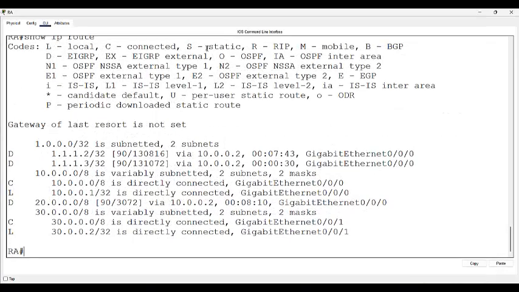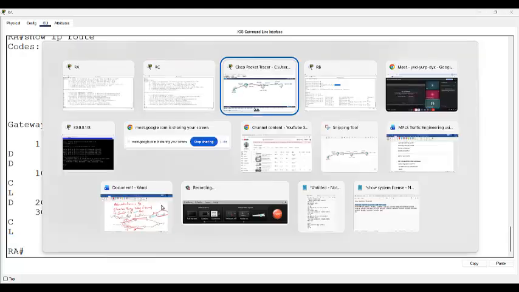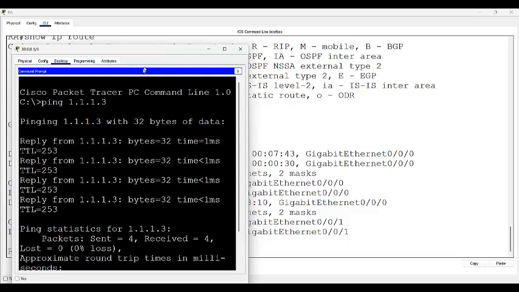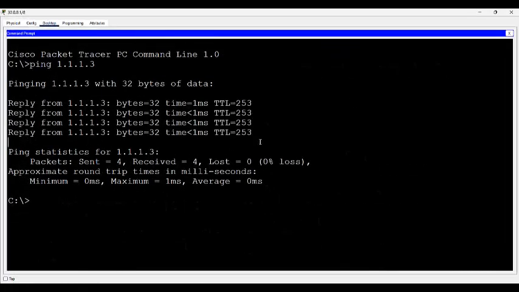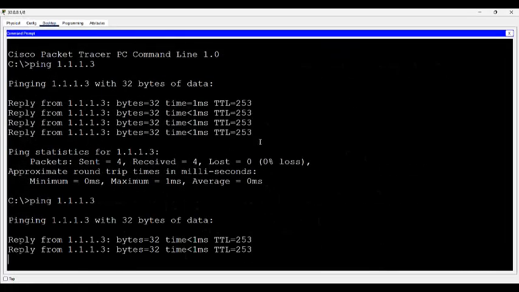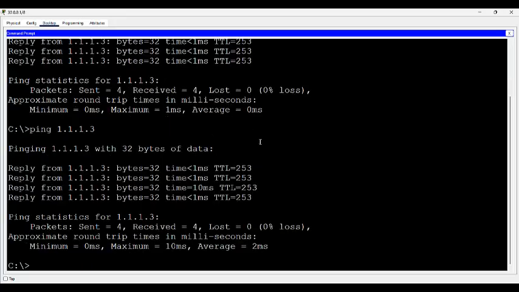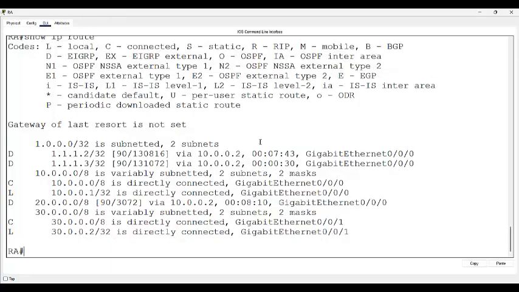And also, you see the AD value. Previously it was 120, now it is 90. Now I'll be able to ping from the PC like before. You see? It's pinging with the help of EIGRP route.